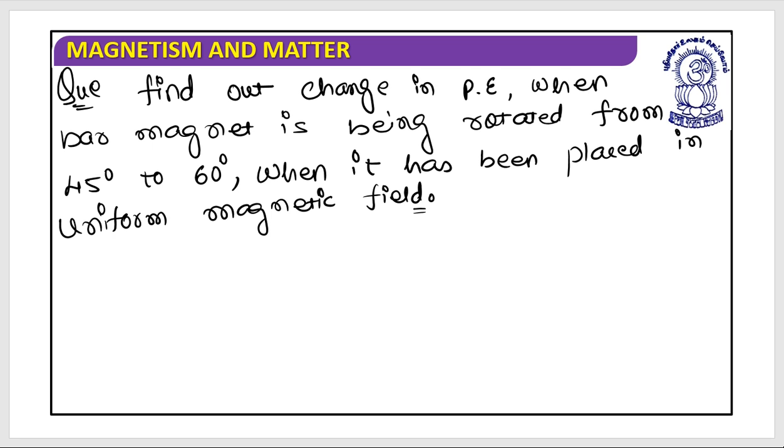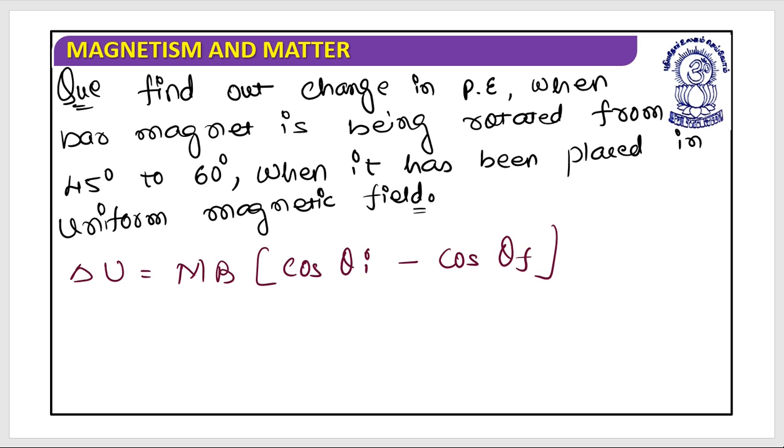For the change in potential energy, I have delta U equals mB into bracket cos theta initial minus cos theta final. So this is equal to m into B into bracket cos 45 degree minus cos 60 degree.